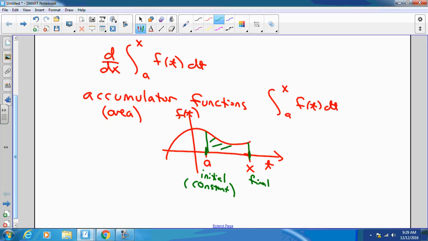And I'm going to add up or accumulate the net signed area here. Now the area word is obvious. The word to accumulate means to simply add up or find the total up. And so the idea is that I'm going to begin at a and I'm going to move out to x, and as I do so, I'm going to add on values of f as I go, so that I accumulate the total amount of f.